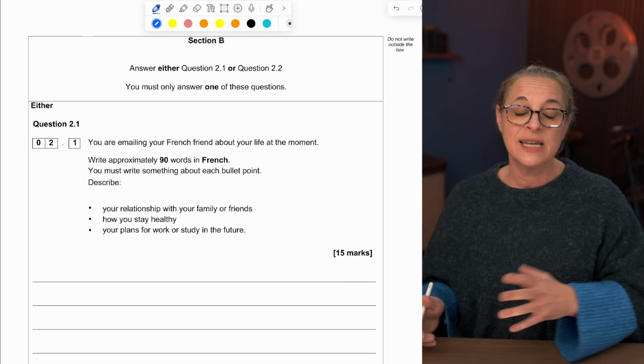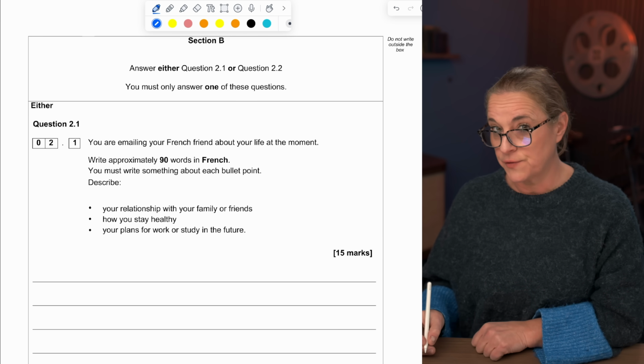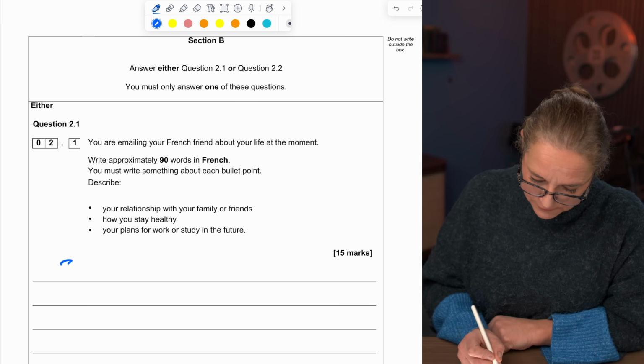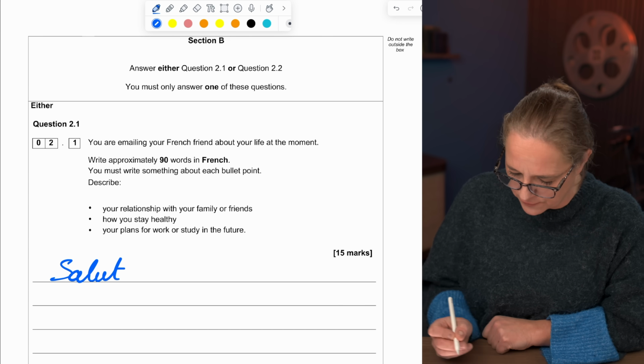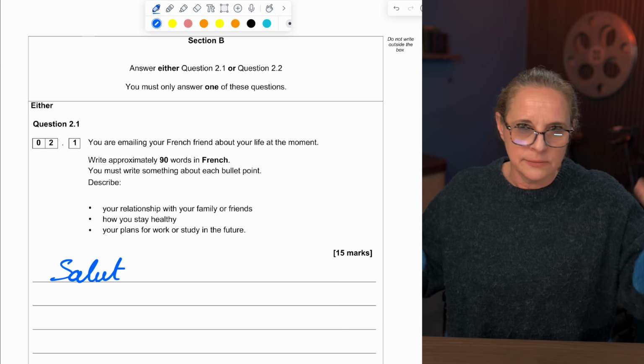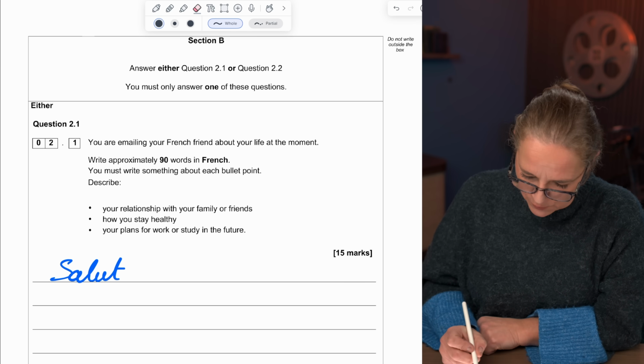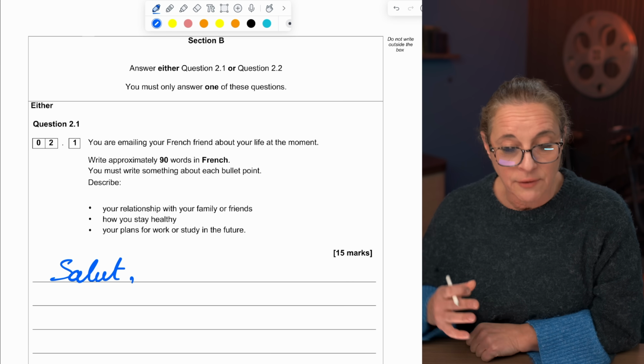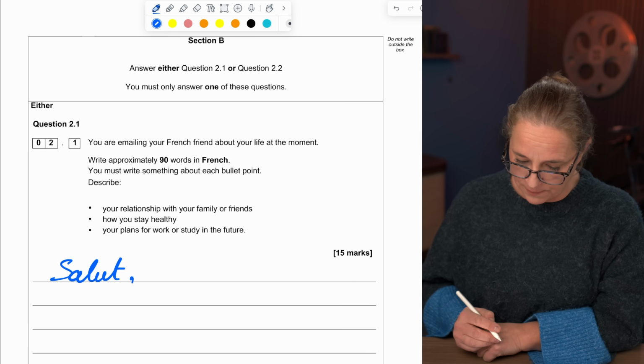So because it's an email and I'm writing to a French friend, I'm going to be quite colloquial. So instead of saying bonjour, I'm going to say salut, for example. You can say bonjour, of course, or cher Tom, dear Tom, whatever you want, okay? Salut. And then you carry on and talk about your family.